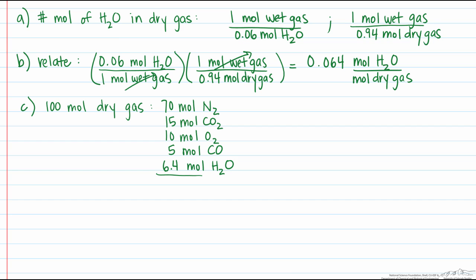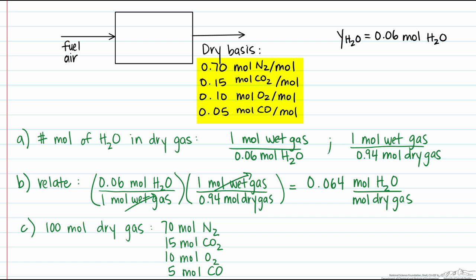And now we find our composition the way we normally would, with our total moles being 106.4 moles. And if we go back to our picture, here is the 100 moles that we assumed as a basis of the dry gas, and here is that 106.4 moles that's our wet gas.